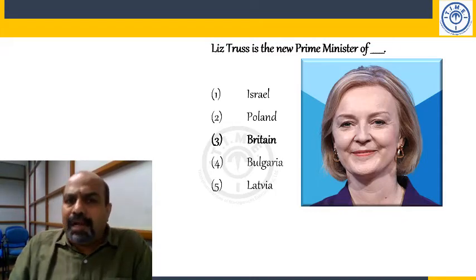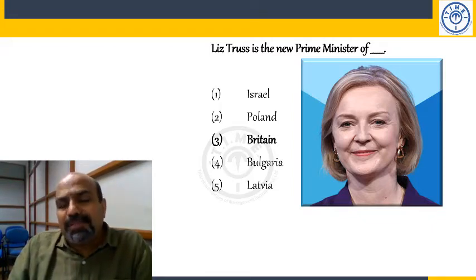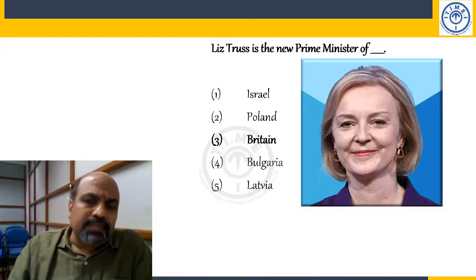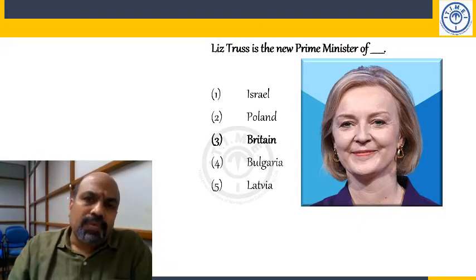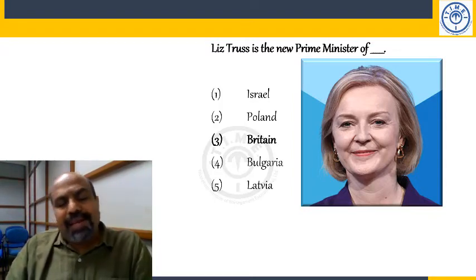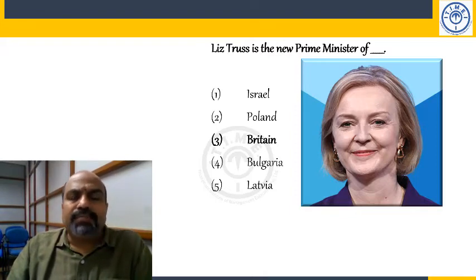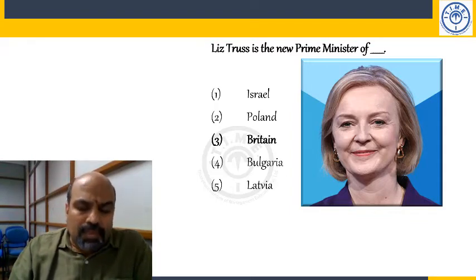Poland's prime minister is the head of the government there. Mateusz Morawiecki.